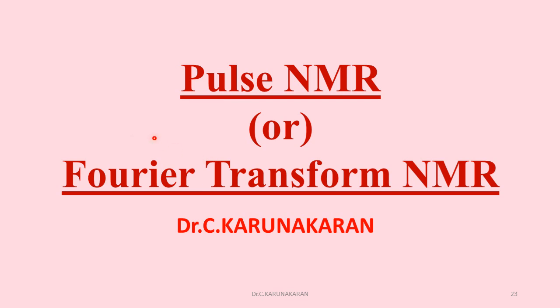A flash pulse is nothing but a flash of RF radiation. The principles of pulsed NMR and EPR are also very similar. In EPR, a microwave radiation pulse is used, whereas in NMR, a radio frequency radiation pulse is used.